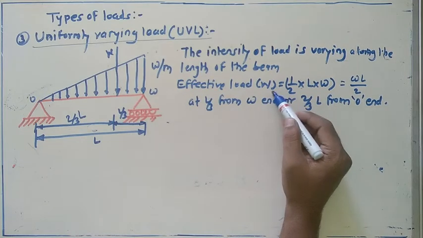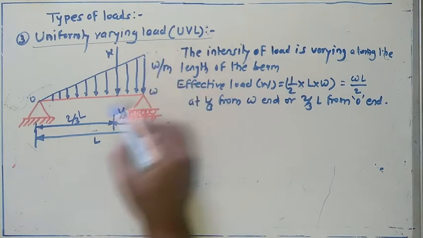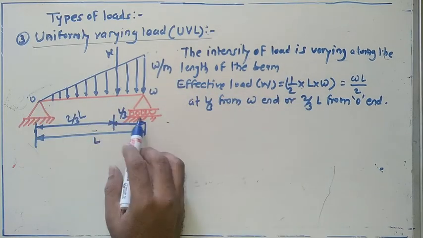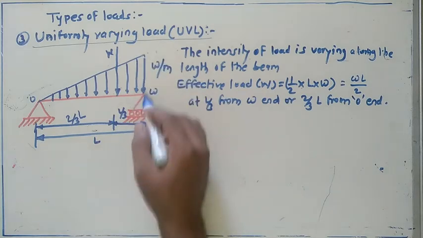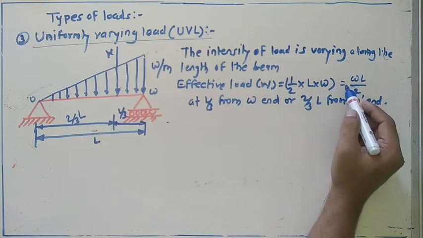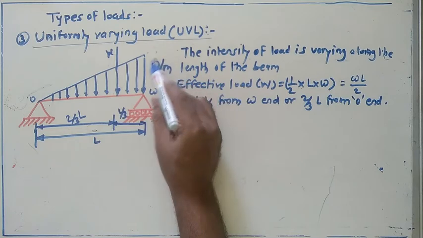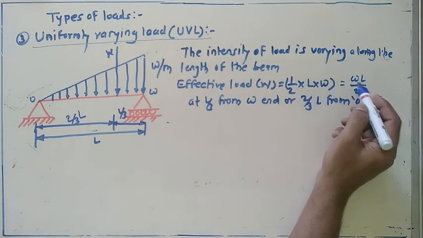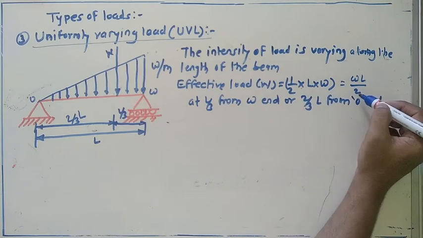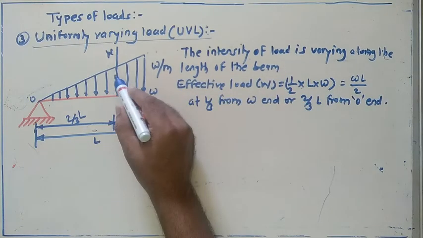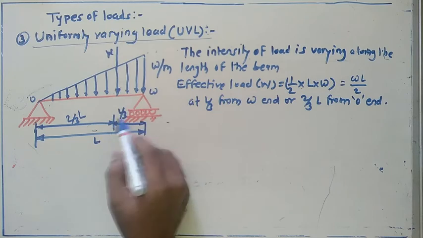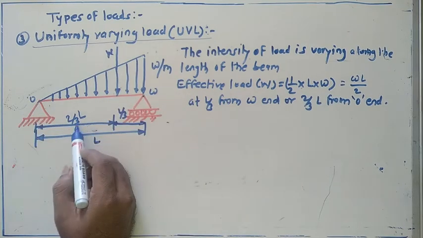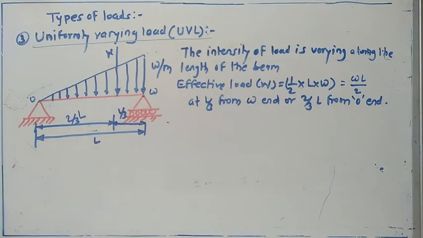The effective load is in short the area of this triangle: 1/2 base in terms of L, and height in terms of W. No doubt W per meter is written here, but whatever value is given, just consider that value as it is, 1/2 multiplied by L into W. So I get the effective load WL by 2. The location is at a distance of L by 3 from this W end, and at a distance of 2 by 3 into L from this O end.